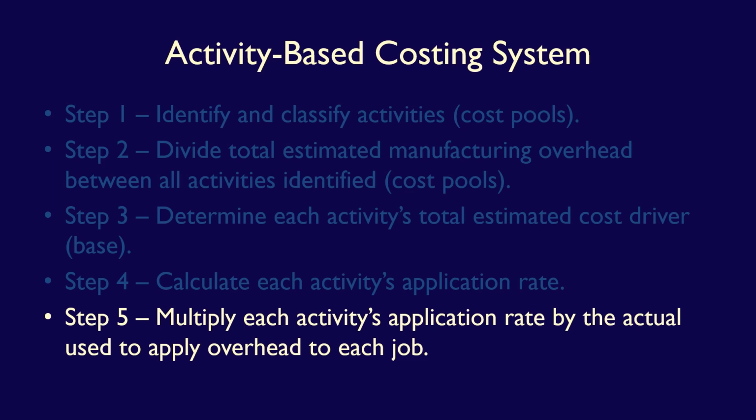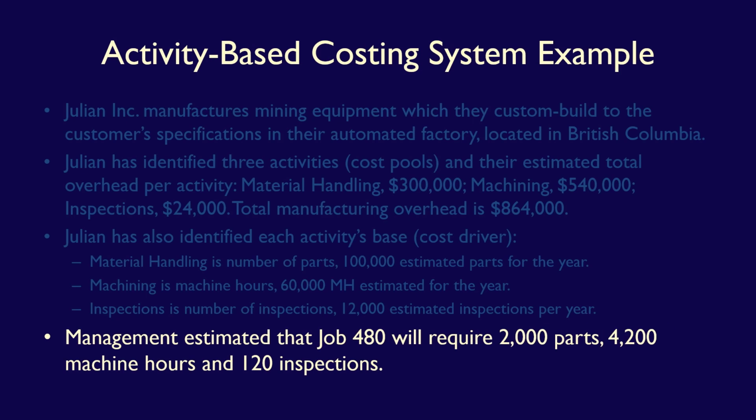Now that we have each activity's application rate, we can move to step 5, multiply each activity's application rate by the actual used, or in this case, the estimate used in order to provide a quote. Apply overhead to each job. For Julian Inc., management estimated that job 480 would require 2,000 parts, 4,200 machine hours, and 120 inspections.